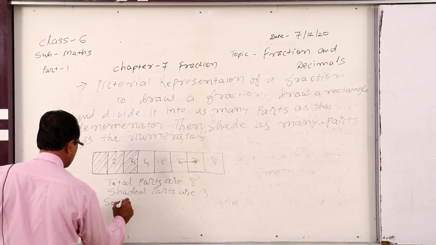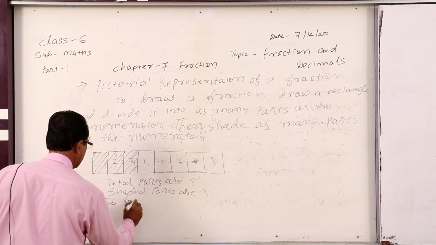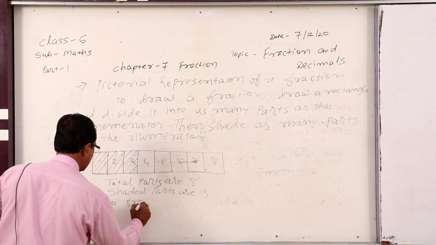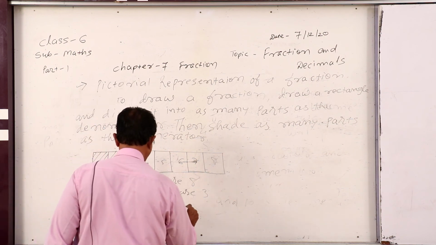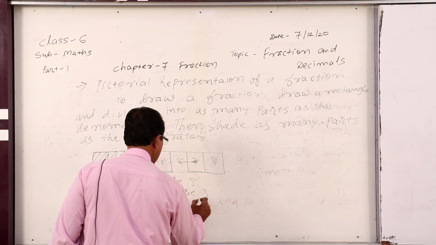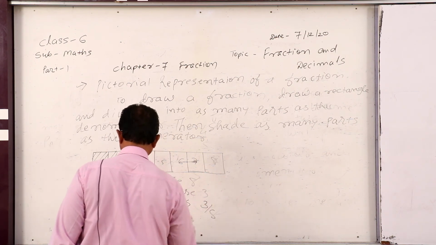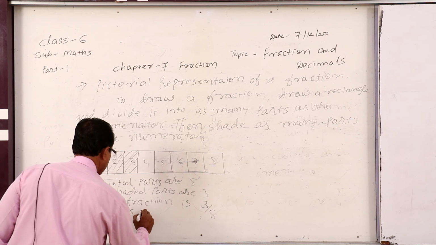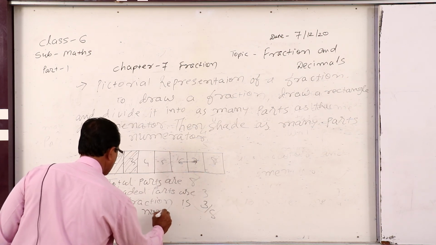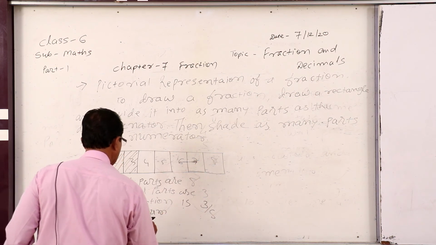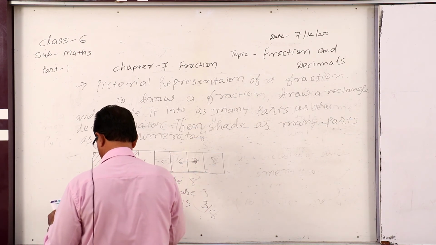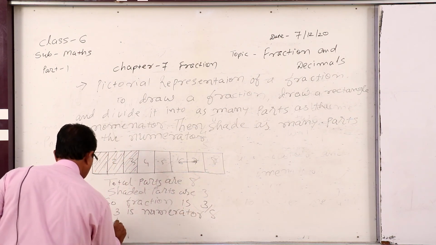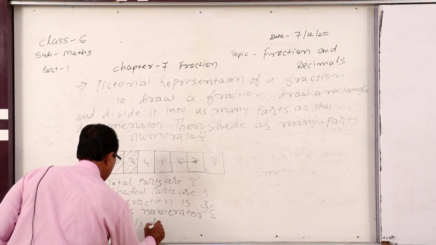So the fraction is 3/8. 3 is the numerator and 8 is the denominator.